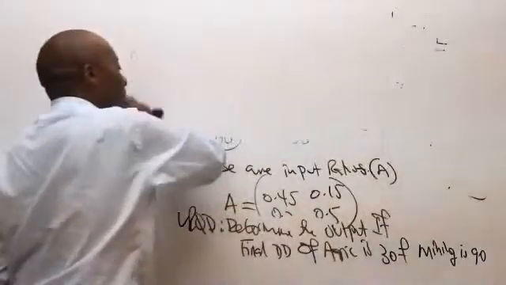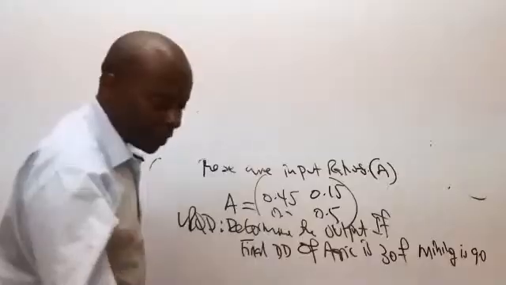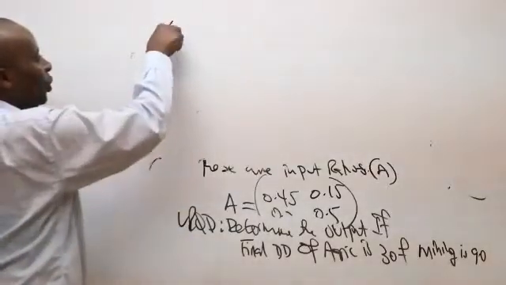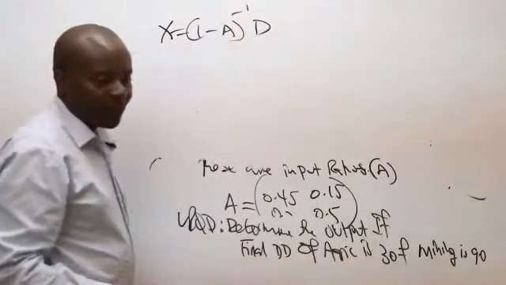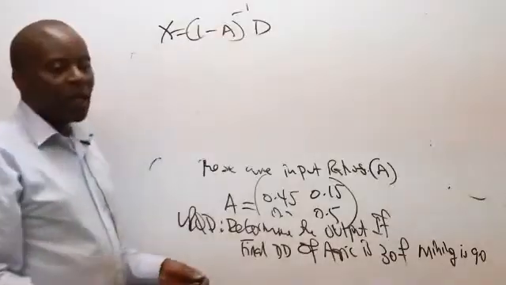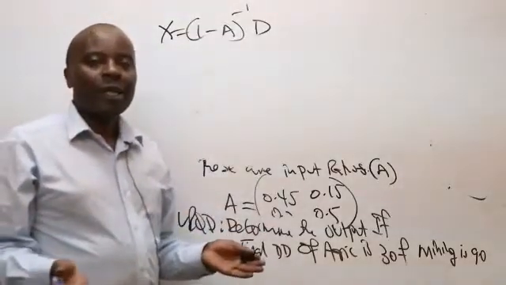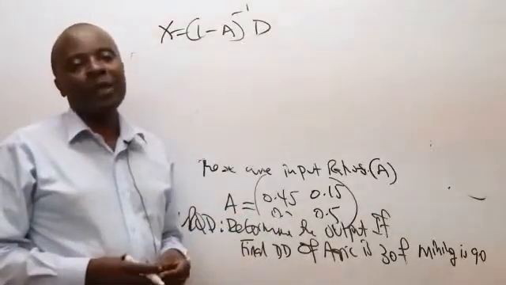Now I need to remember the Leontief inverse model, which tells me that X is equal to (I minus A) inverse times D. Then you go through the entire process that I've just shown you a few minutes ago.